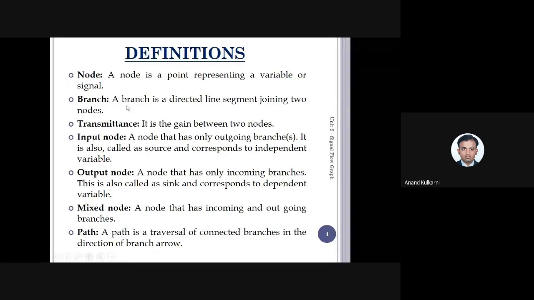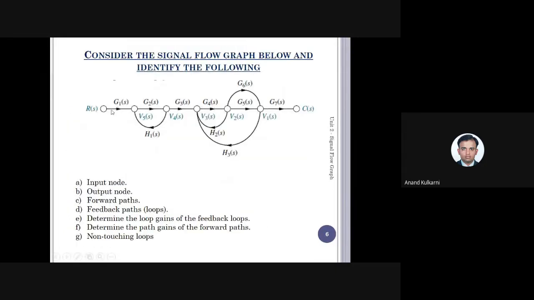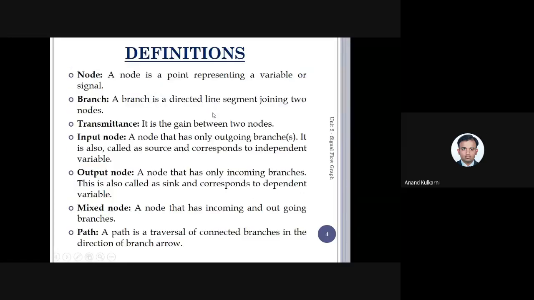Then what do you mean by a branch? A branch is a directed line segment joining two nodes. It is nothing but this here. It is a directed line segment. This can be a branch, this can be a branch, anything. So a branch is nothing but the directed line segment joining two nodes.